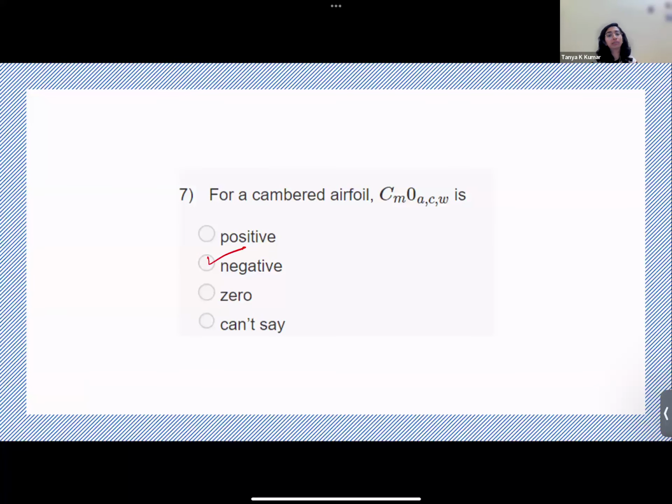So when will we get positive Cm naught? Reflex airfoil. Reflex airfoil, perfect. When will we get zero? Symmetric. Symmetric, correct. So this is reflex, this is symmetric, and this is positively cambered.